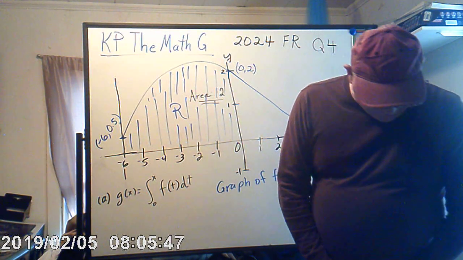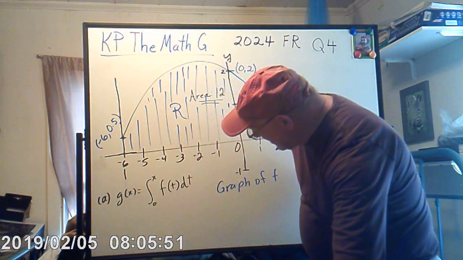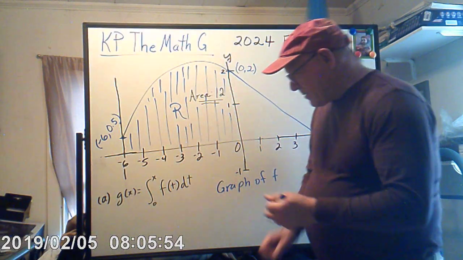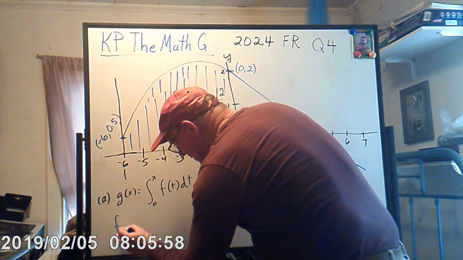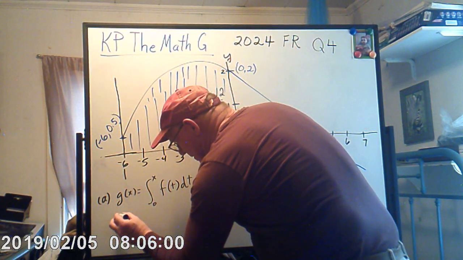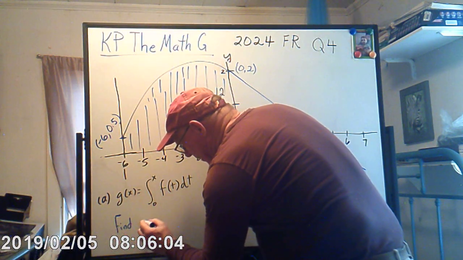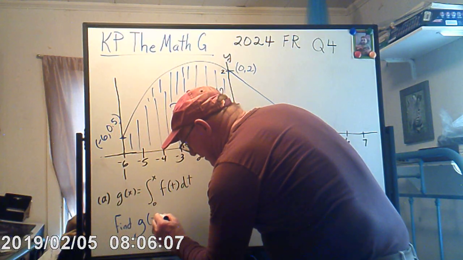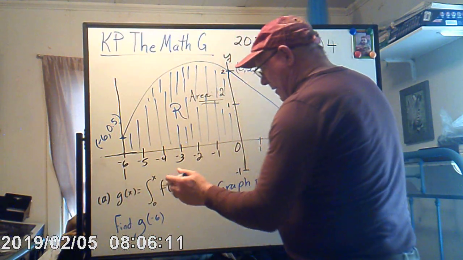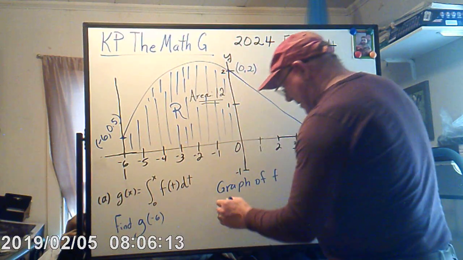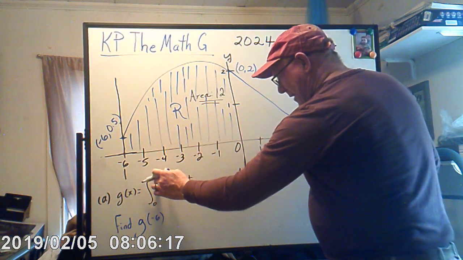Alright, let's find values. Let's just make this a capital F. We want to find g at -6. Really all you have to do is substitute that into the x right here.